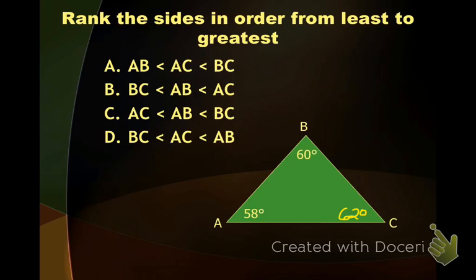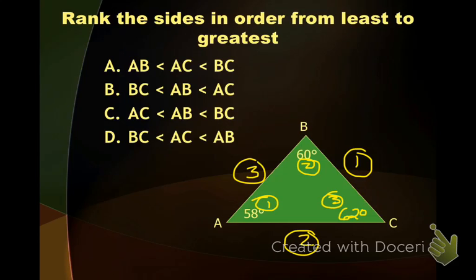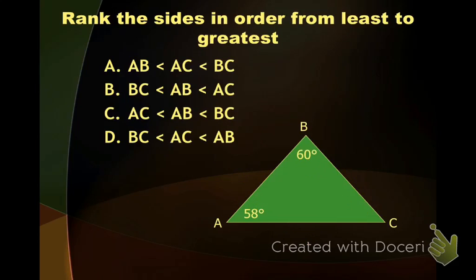So now the angle measurements: here is our least, angle A. Here is our second least, angle B, and then here's our greatest angle, angle C. So the opposing side lengths should be in that same order, least, middle, and greatest. So looking at our answer choices, D is the right answer there.